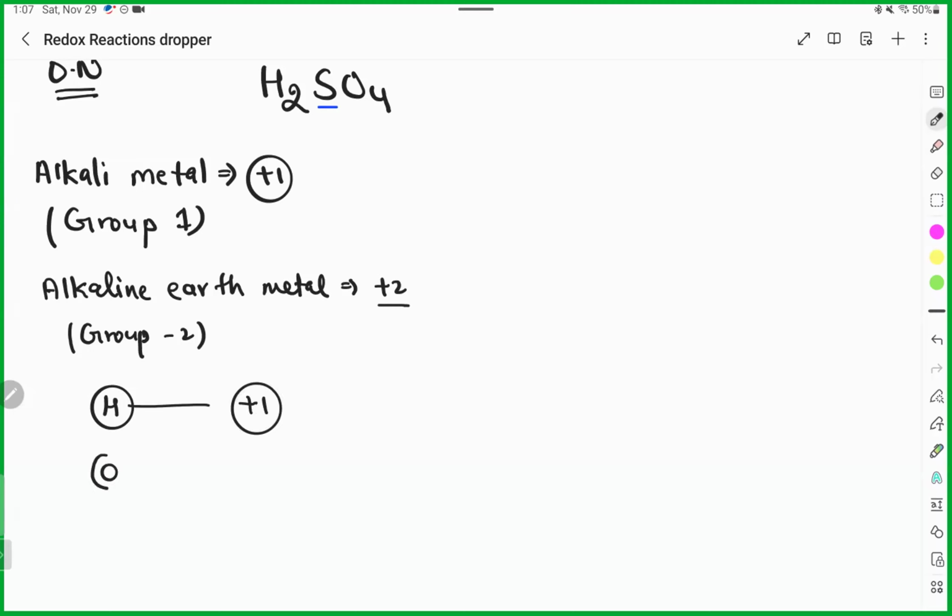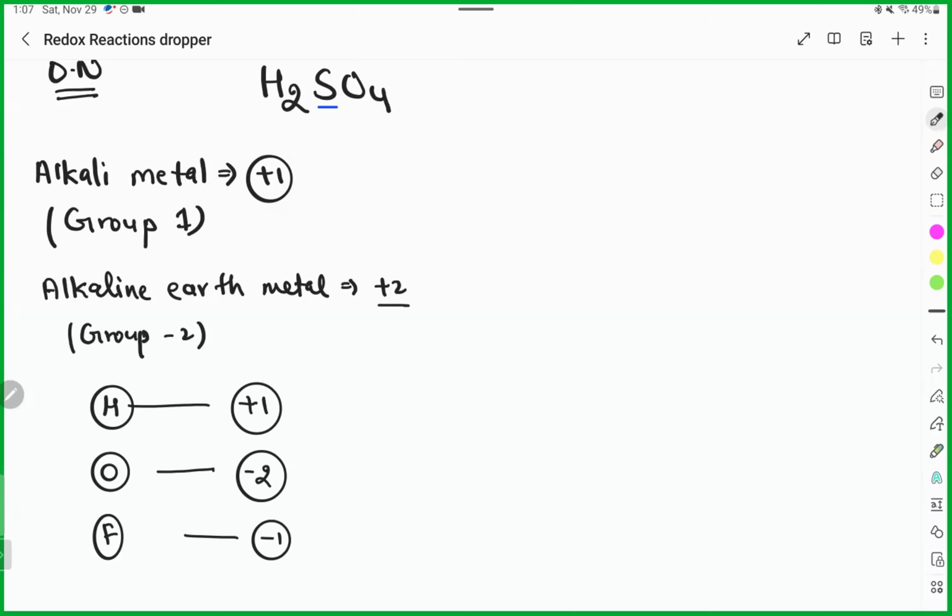Oxygen is considered -2 if it is not given otherwise. I'm not saying oxygen exists only as -2; it can have -1, zero, or even a positive charge. But in 99% of cases, consider -2 if no special situation is given. Halogens, especially fluorine, will always have -1 charge. Mostly halogens have -1 charge.